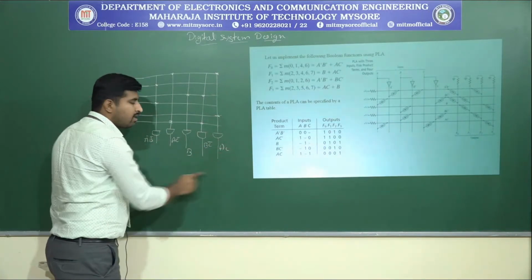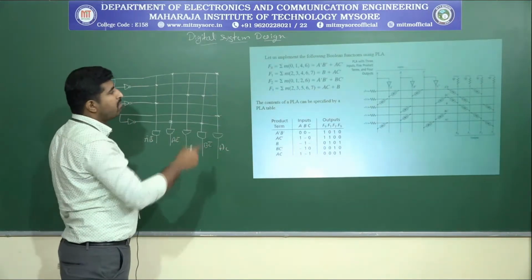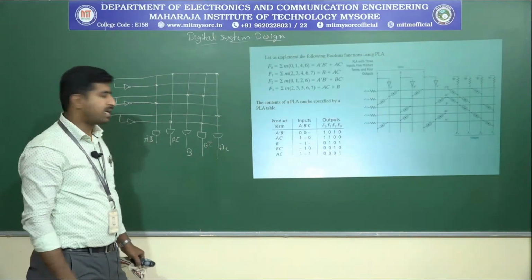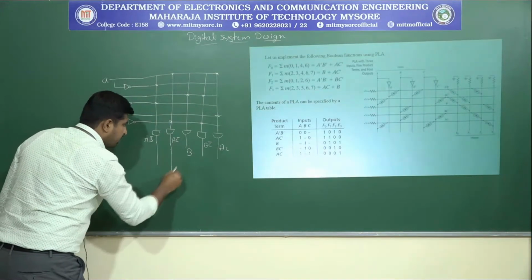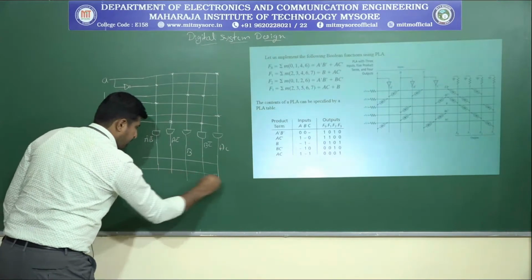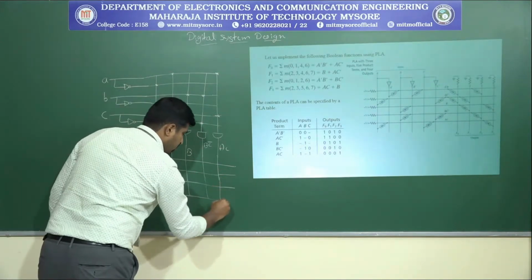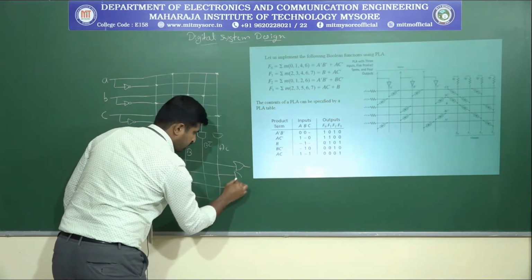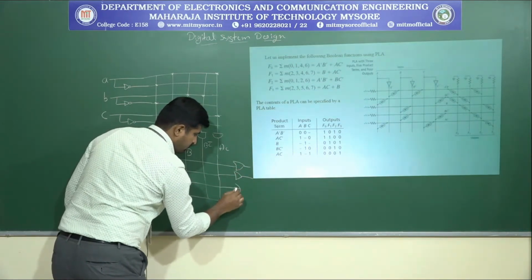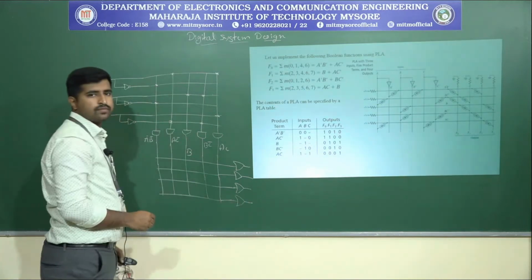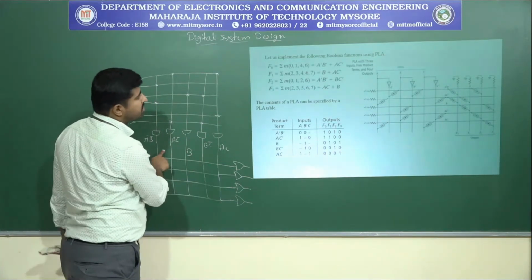So we got all the product terms. Now we need to implement these 4 functions. We need 4 programmable OR gates. All these will be connected here.